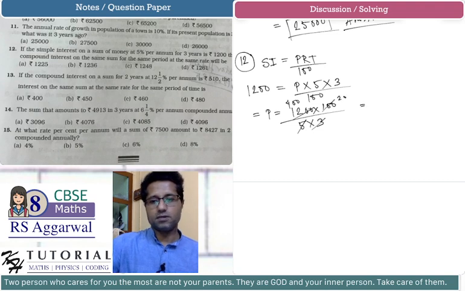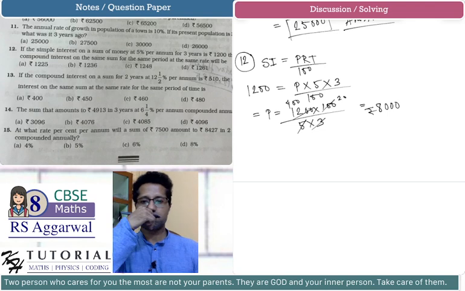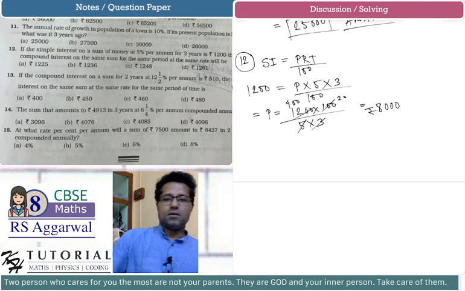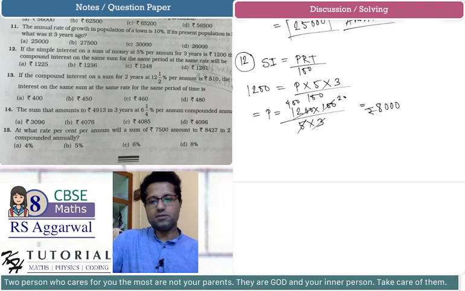So this is 8000. So the principal, or the sum, is rupees 8000.